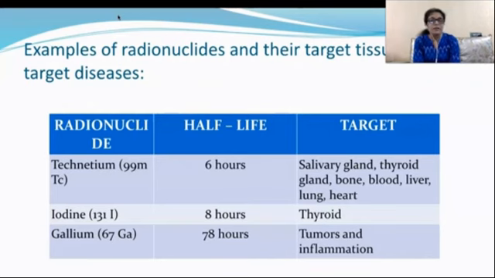Then there is radioactive iodine, that is iodine-131. Its half-life is 8 hours and its target is the thyroid. Then we have gallium-67. Its half-life is 70 to 80 hours. Its targets are tumors and inflammation.